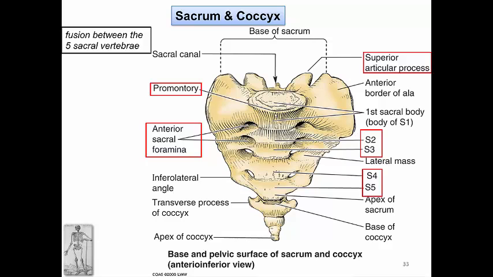The sacral promontory is the anterior edge of the body of S1, which is an important obstetrical landmark. Up here are the articular processes for the articulation with the L5 vertebrae, and down here is the coccyx, which is a really small, also wedge-shaped bone. It has a base, superior, and then the apex down here, and that'll articulate together here with the apex of the sacrum.